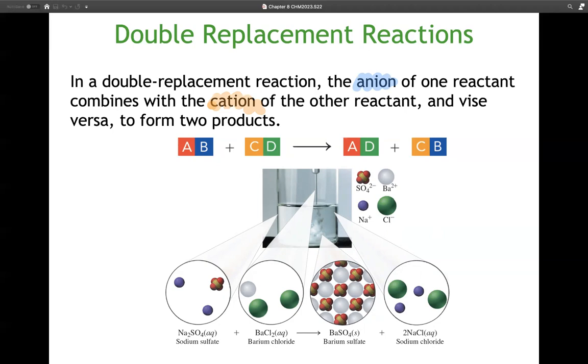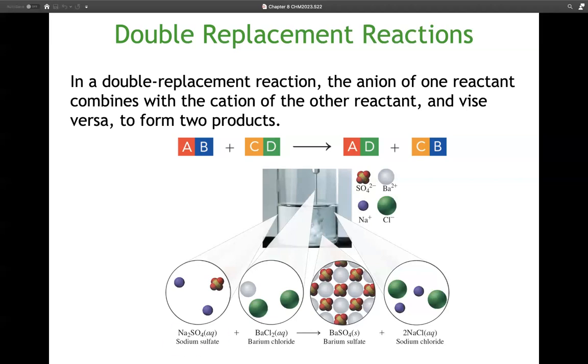If this is the cation and this is the anion, and this is the cation and this is the anion, the anion of one will form a bond with the cation of the other, and the cation of one will form a bond with the anion of the other. So they're basically swapping. Thinking about a compound and separating it into ions becomes important.